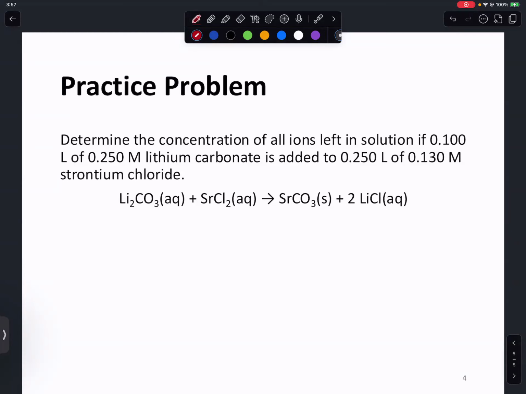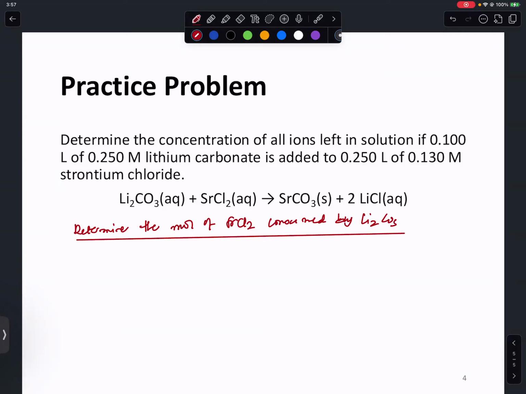So the first thing is we need to determine the moles of strontium chloride consumed by lithium carbonate. This is the first thing we're going to do.